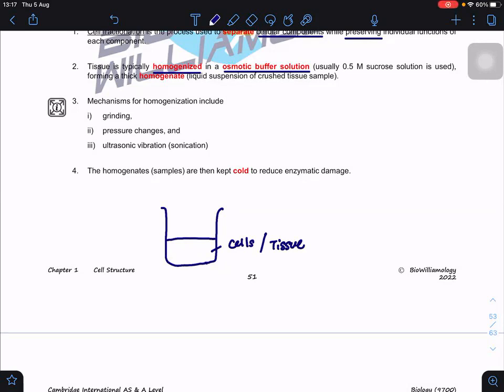But the problem here is, if we lyse it inside distilled water, if this is a cell and this is distilled water, the distilled water is going to break the cells and break the organelles. Therefore, we won't be able to study each organelle. At the end, we get all the lysed, broken down ones. Useless.